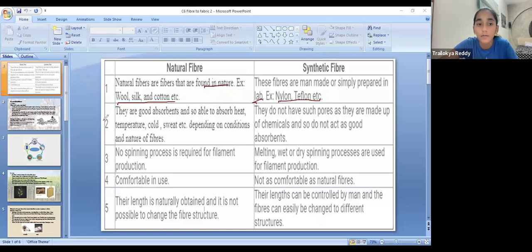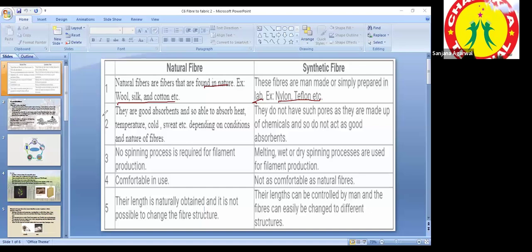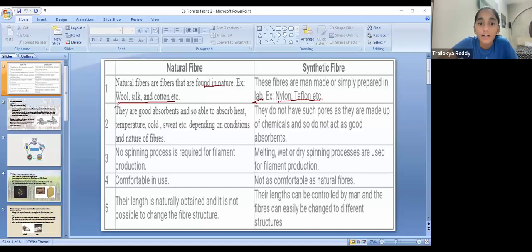Ma'am, should I read the second? They are good absorbents and so able to absorb heat, temperature, cold, sweat, etc., depending on conditions and nature of fibers. Synthetic fibers do not have such pores as they are made up of chemicals and so do not act as good absorbents.